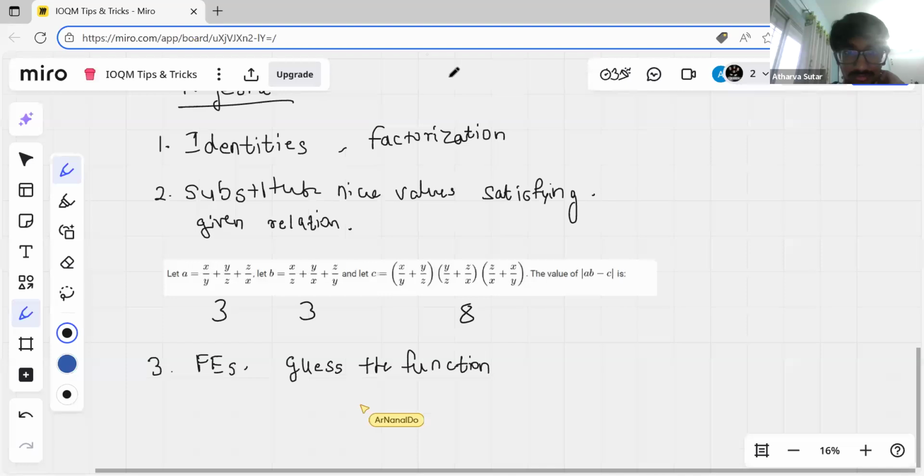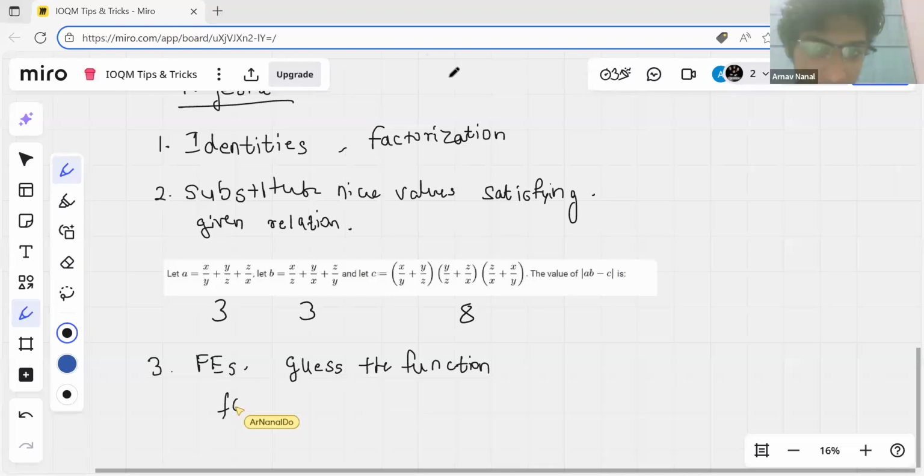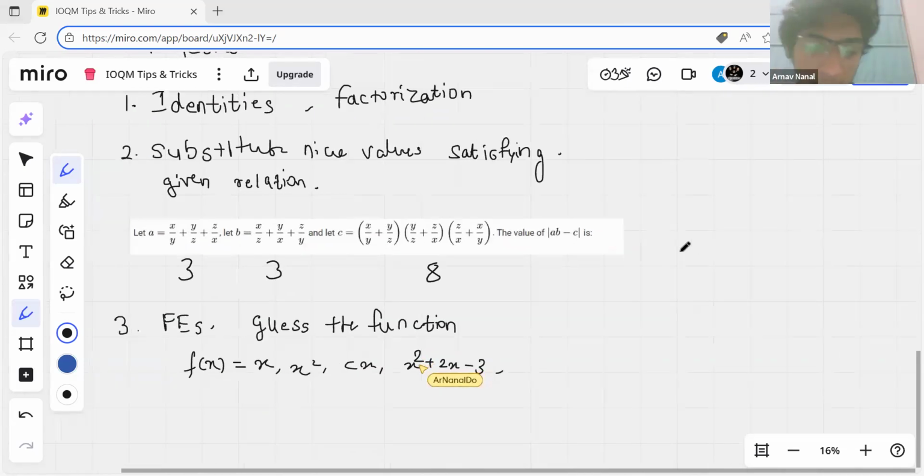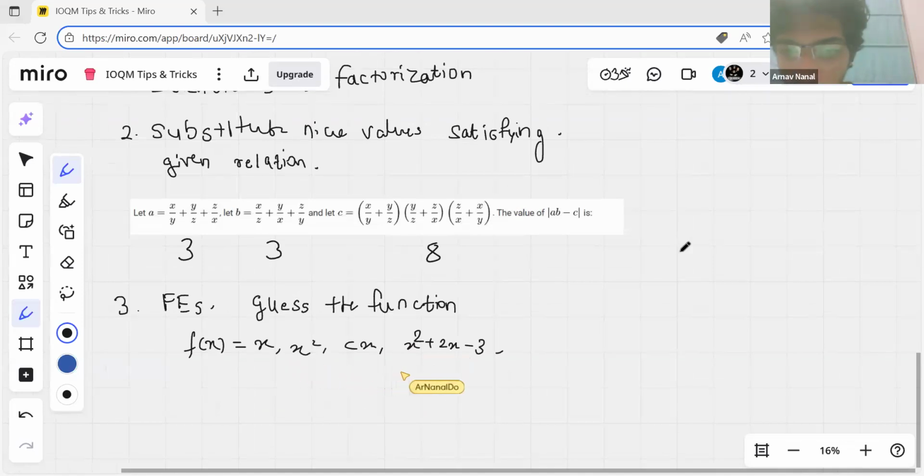Some of the common functions can be f of x equal to x, x square, some linear function, or some weird quadratic function. You just need to guess it. You will be given some values and some relation, so you can try to guess the function. If you guess it correctly, you will mostly not need to do anything else.